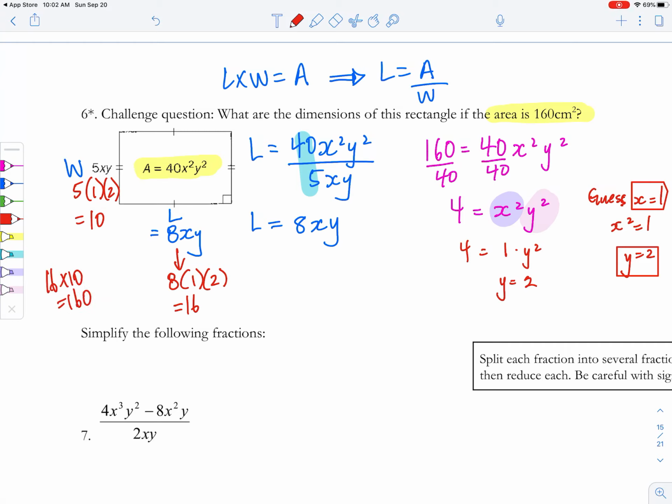So our final answer could be that x equals 1 centimeter and y equals 2 centimeters. Don't forget your units.